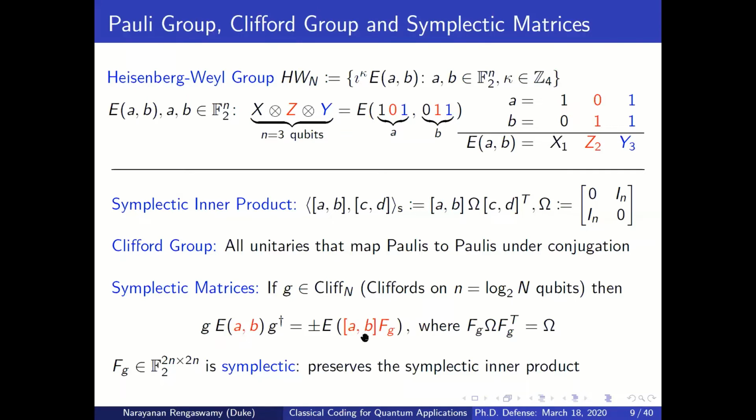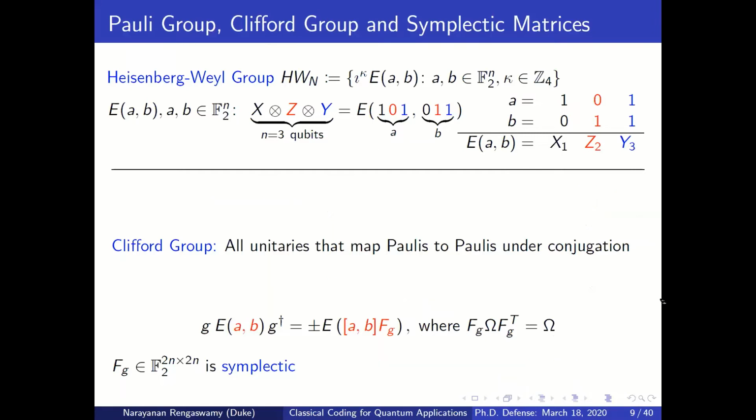When you conjugate, you get a new Pauli matrix defined by a binary vector, which is the original binary vector times this matrix F. This matrix F preserves this inner product, so it has to satisfy this constraint, and it's called a symplectic matrix. So the essential thing from this slide is that you can think of Pauli matrices as binary vectors and Clifford operators as these binary symplectic matrices.